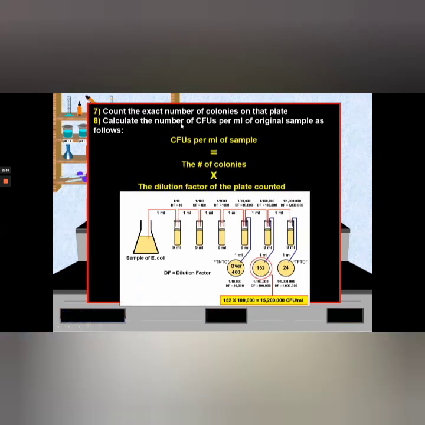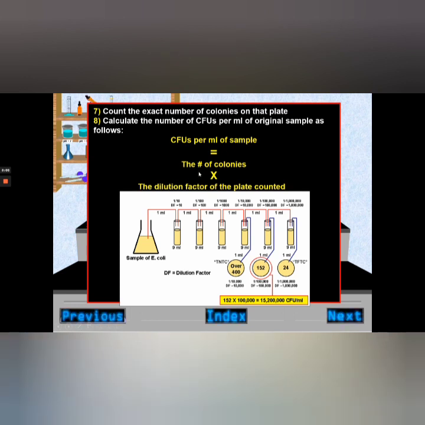And we will count the exact number of colonies on that plate. The calculation of the number of CFU, which is colony forming units per milliliter of the original sample, will be like this. This is the formula to calculate the CFU per ml of each sample.